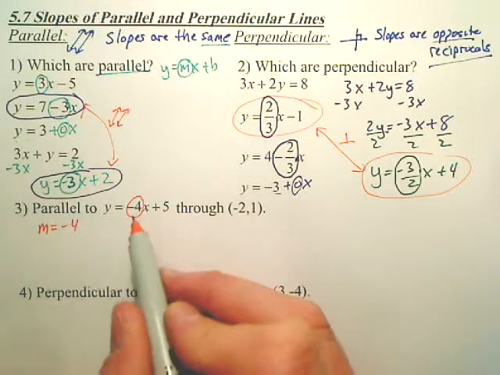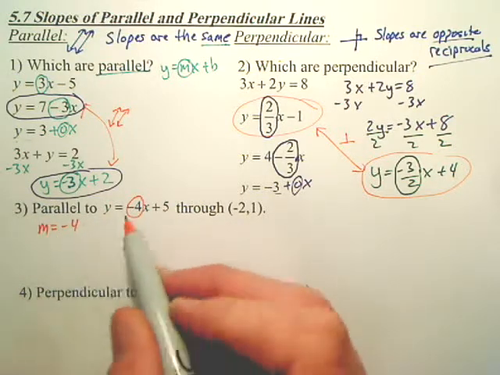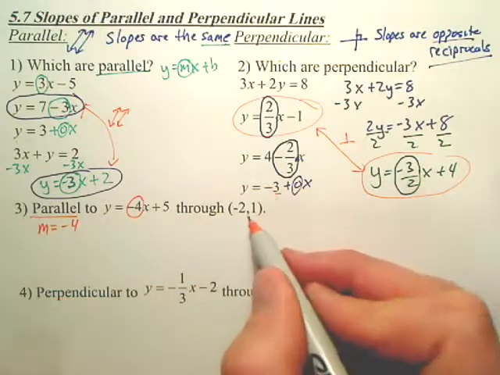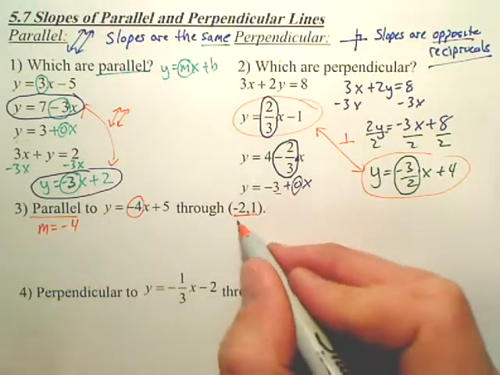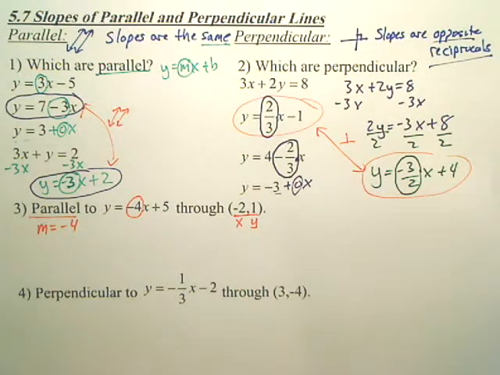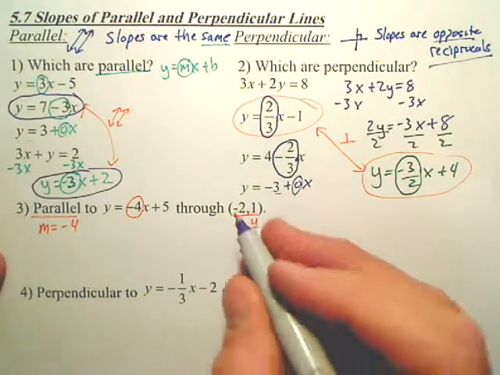If I want a line that's parallel to this, shouldn't it have that same slope? If it's parallel, shouldn't the slope be the same? If I want to go through this point, isn't this x and this is y? Can you make an equation using m, x, and y? Make an equation of a line? Do you guys remember that?